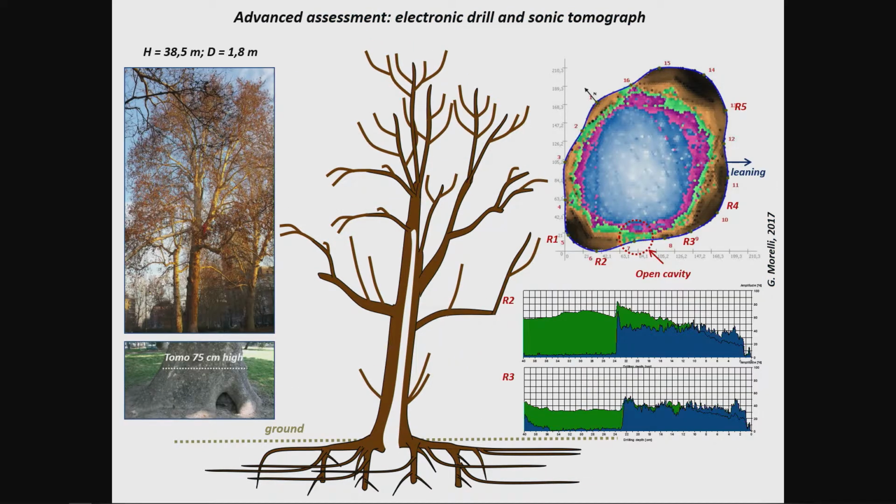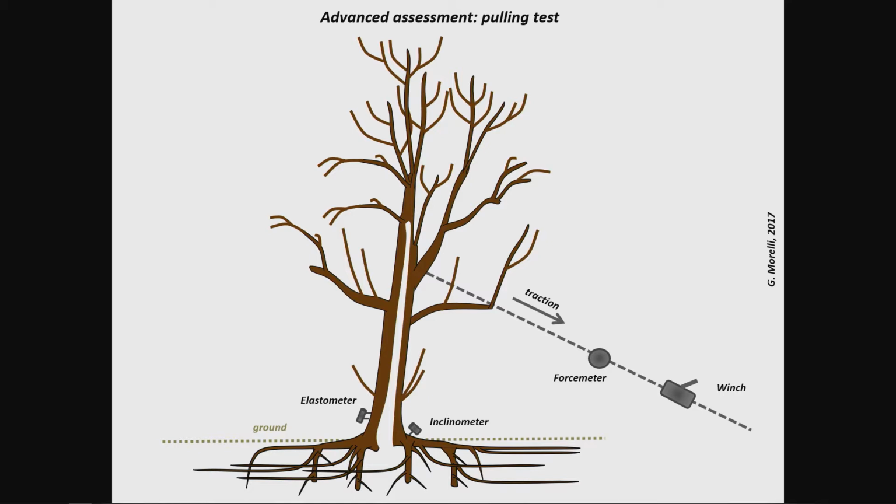So the municipality of Milan asked us to assess the tree with the electronic tools. So we used the electronic drill and also the tomograph. The tomograph was at 75 centimeters high, and also we pulled the tree.